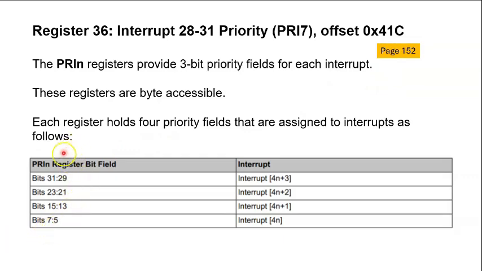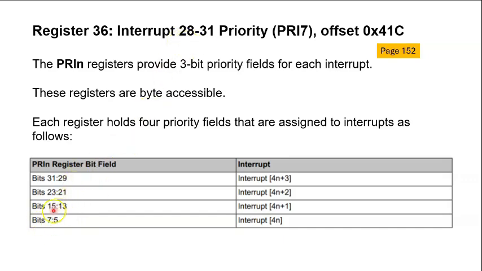here is the table that shows each register holds 4 priority fields, 1, 2, 3, 4, that are assigned to the interrupts as follows. Now, this might be a bit confusing. The first field, bits 5 to 7, which is 3 bits here, is for interrupt 28.